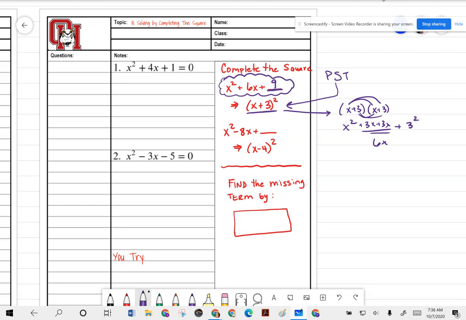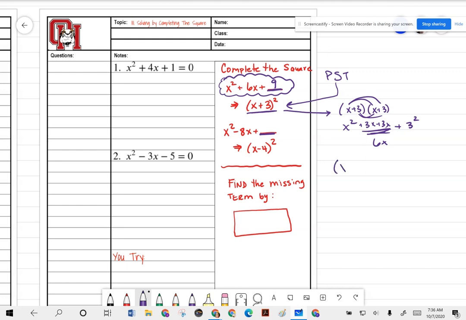So let's take a look at this. If I have x squared minus 8x plus what? How do I figure out that number? Well, if I am going to end up with negative 8 as my middle term, there needs to have been two numbers that give me the 8, so that's going to be negative 4.